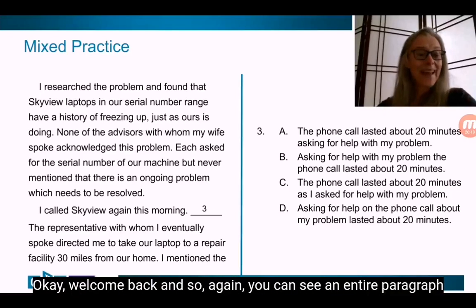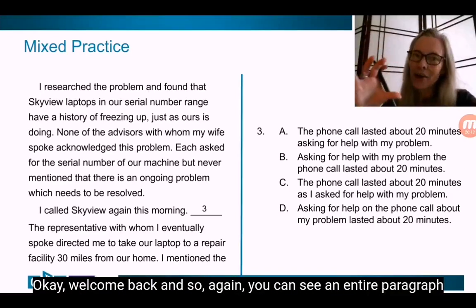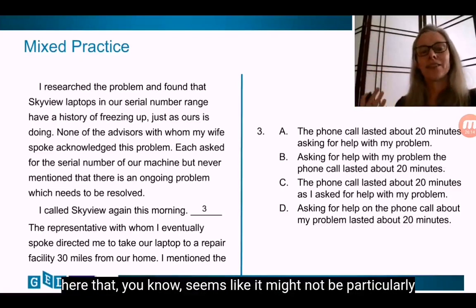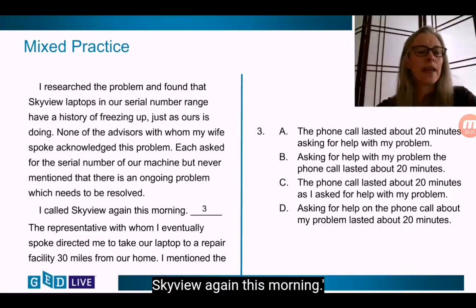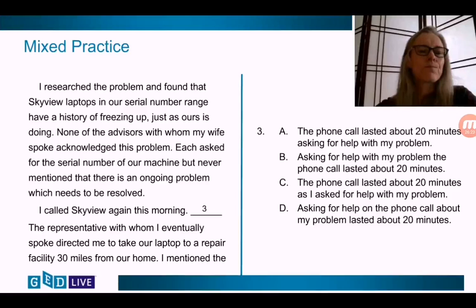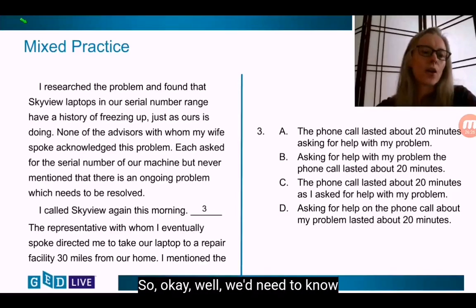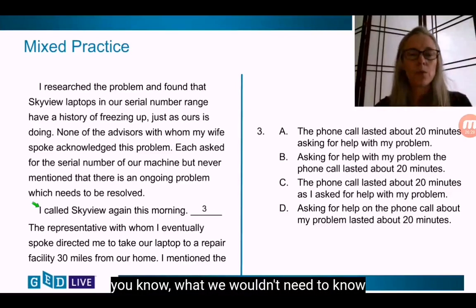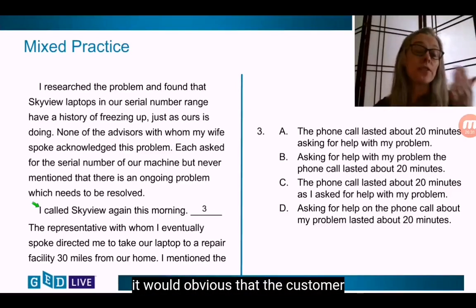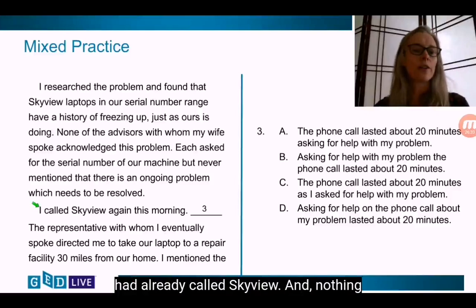Okay, welcome back. And so again, you can see an entire paragraph here that seems like it might not be particularly relevant because the sentence we're looking at begins, "I called Skyview again this morning." Well, it would be obvious that the customer had already called Skyview.